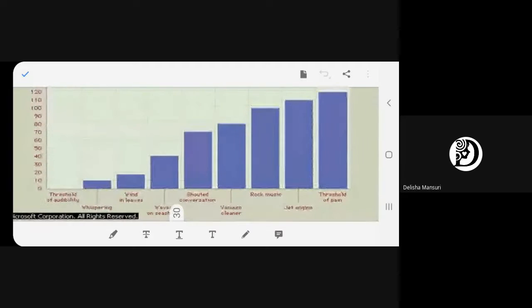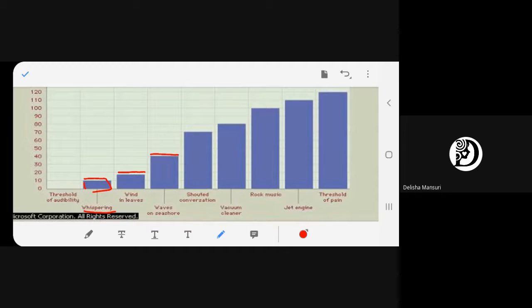For example, if you're whispering, it will be 10 decibels. Can you see this? 10 decibels. The wind in leaves will be 18 decibels. Waves on seashore will be 40 decibels. Are you understanding?